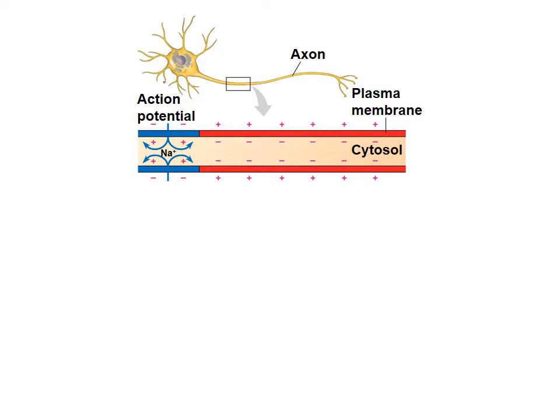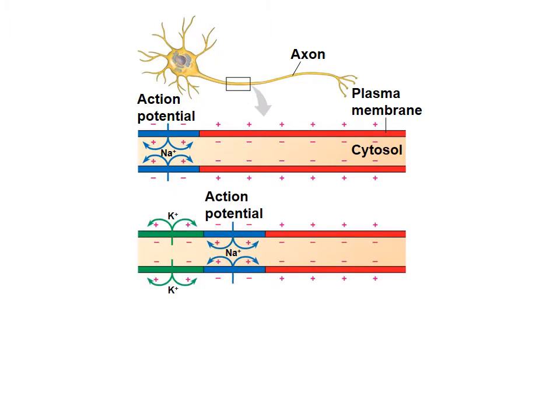So here the action potential is generated. Let's say it's over here, and you can see it's going to move down like this. As it moves down, the sodium channels are going to be moving down, opening and closing, and the potassium is moving behind it.